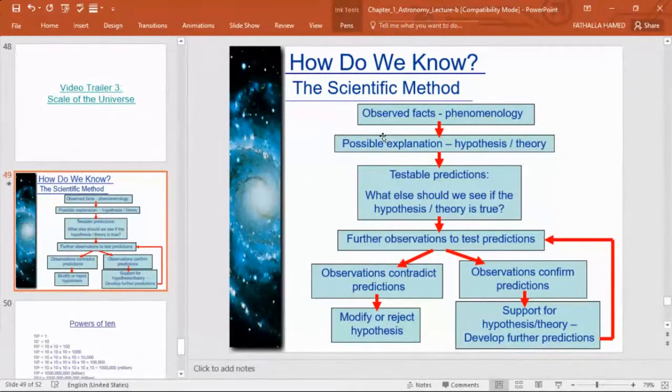And here I should bring in a point about two different subjects. There is a subject called astrology, and there is a subject called astronomy. Here we are studying astronomy. Astrology is not a science. They just look at the location of stars and try to assign events to it.